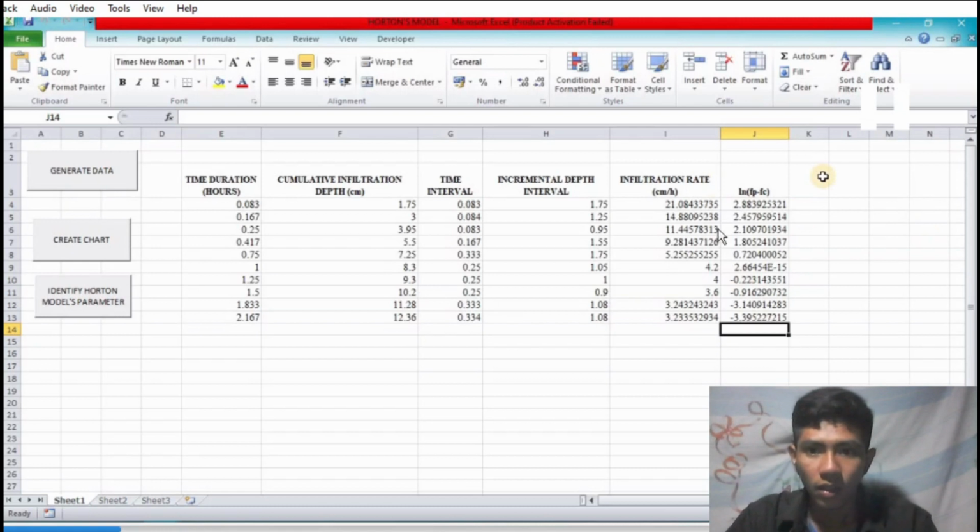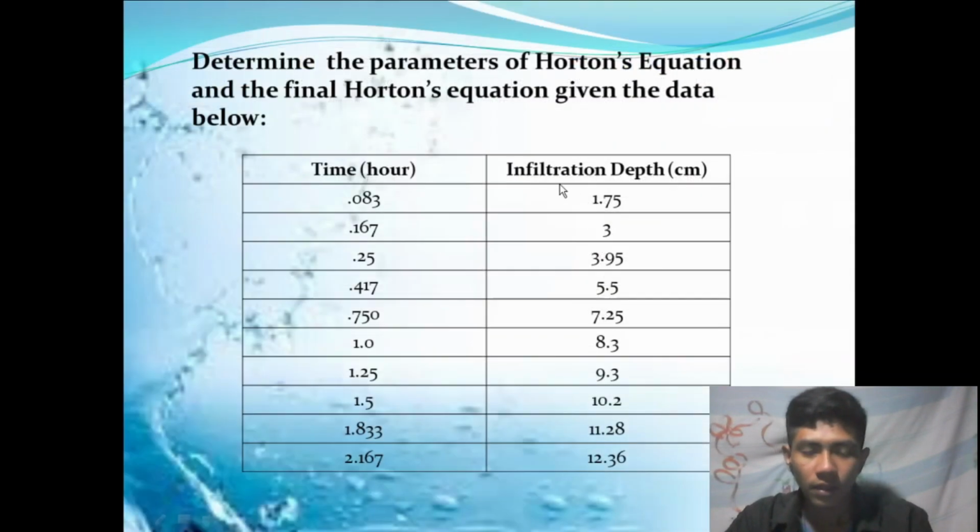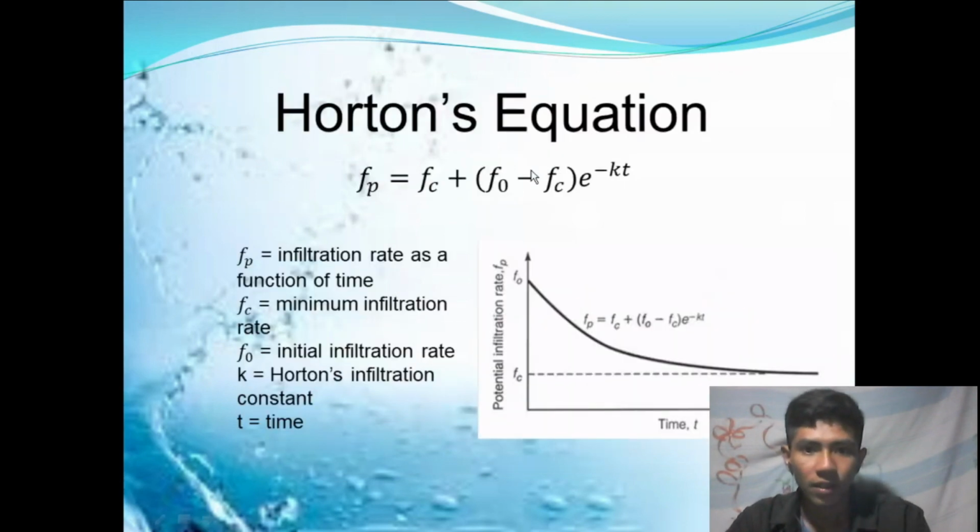Okay. You can see this ln fp minus fc. Saan galing yan? What do you think? Saan galing yan? So, dito yan galing sa equation na to. Nilipat niya, we've subtracted fc both sides.